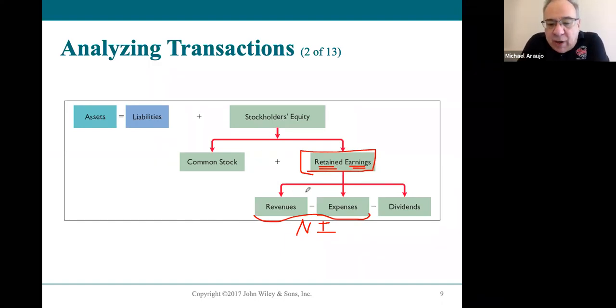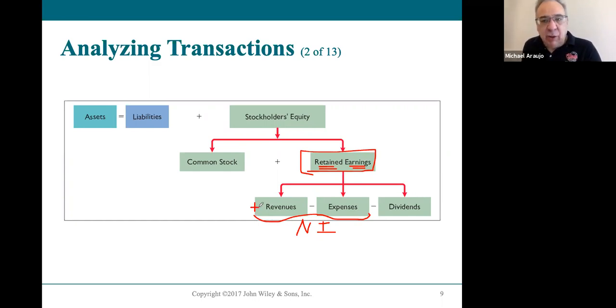So in essence, if you want to look at this a little bit differently, revenue is the source of the profits of the company. Look at your income statement. Revenue minus expenses. If there's anything left over, it's a profit. What's left over is all the extra revenue that wasn't used to cover the expenses.